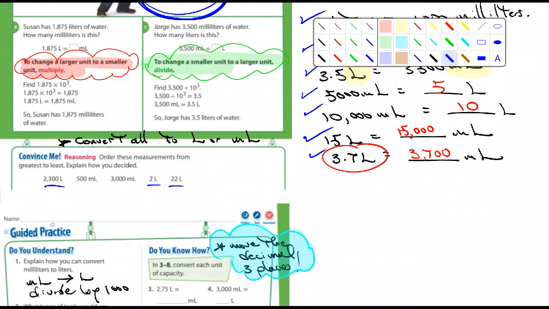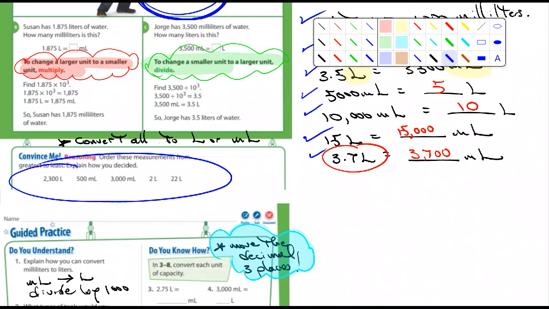When you see a problem like that, you have to convert them all to one or the other. It really doesn't matter which one, but convert them all to liters or all to milliliters. Now, look at these right here.